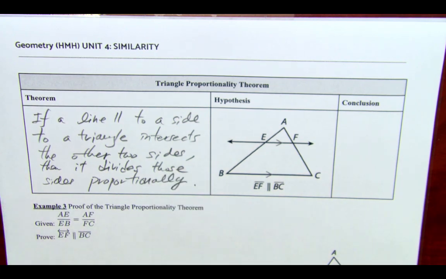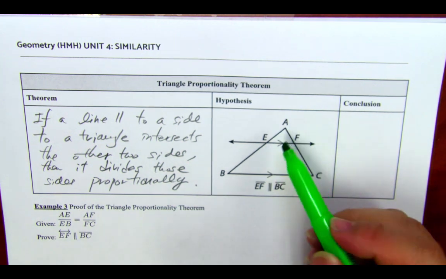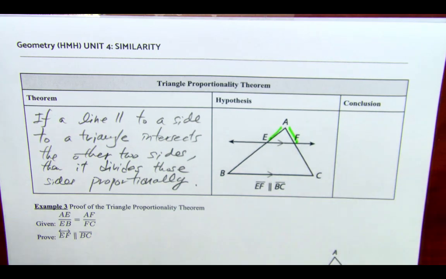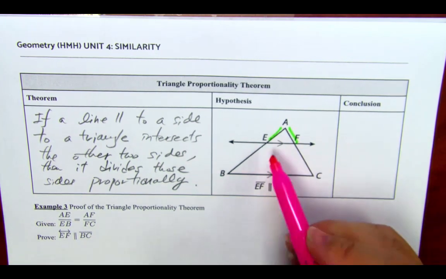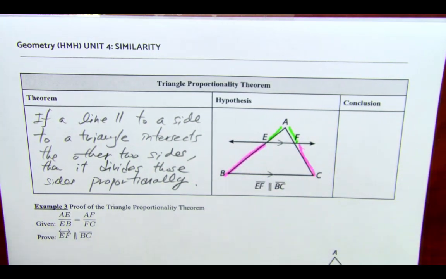So what that literally means is that the ratio of this to this is equal to this to this.